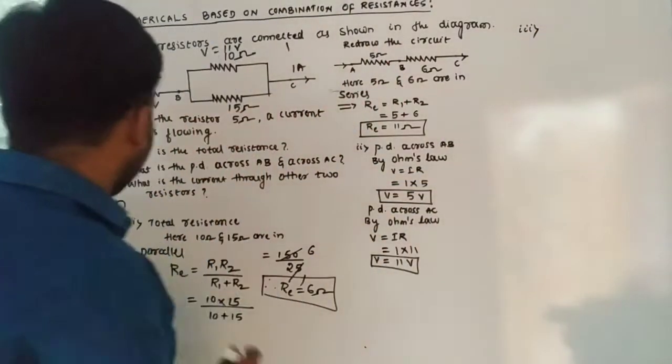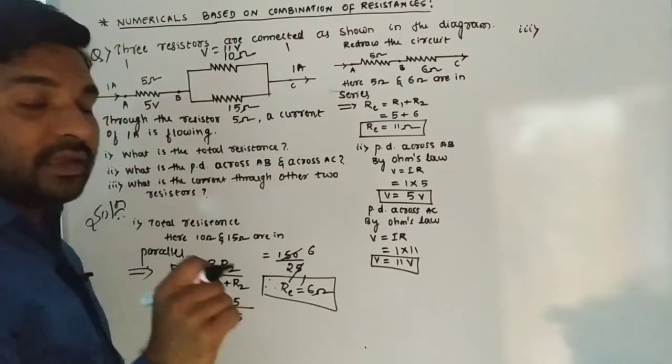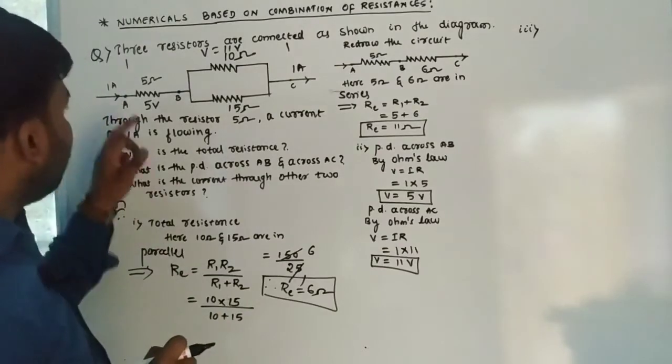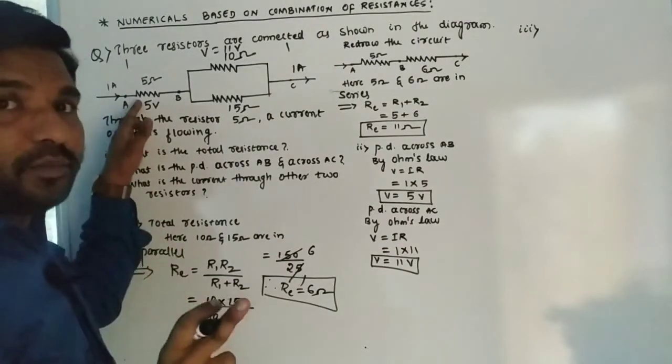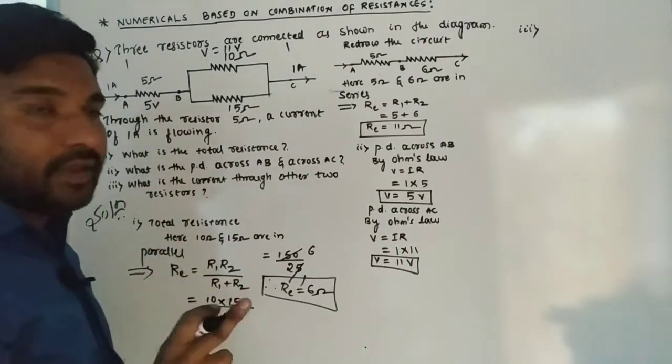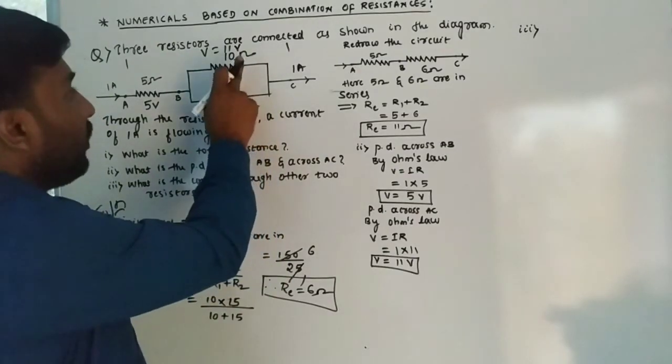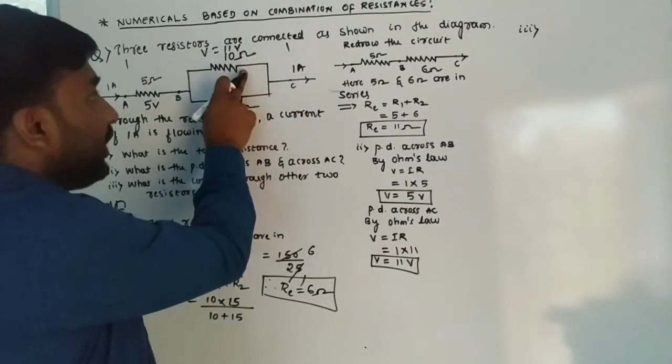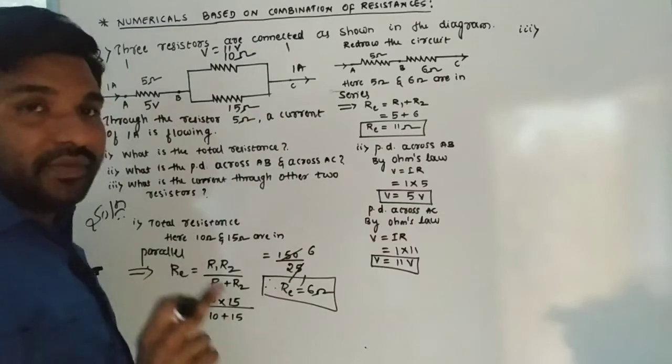Third one. What is the current through the other two resistors? Here for the 5 ohm resistor we have the current 1 ampere. We have to calculate what is the current flowing through the 10 ohm resistor and the 15 ohm resistor.